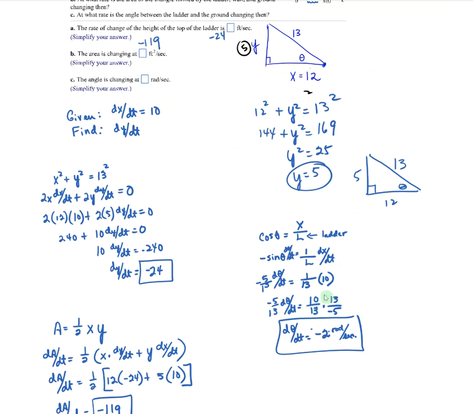And then we have 10 over 13. We're going to divide by this, which means we multiply by its reciprocal. And the 13s cancel out, negative 5 goes into 10, negative 2 radians per second. And that would be the answer for that one.